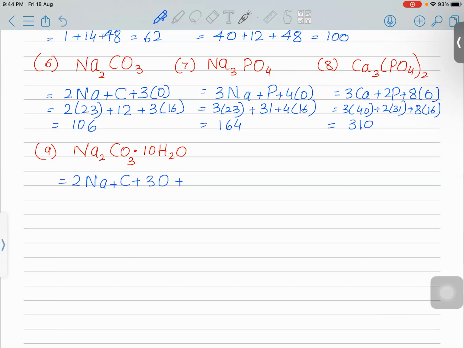Plus 20H, very good, plus 10O. So 20H plus 10O. Now put the values.